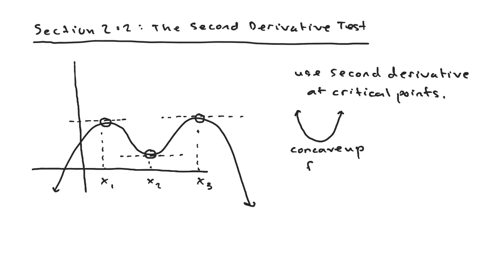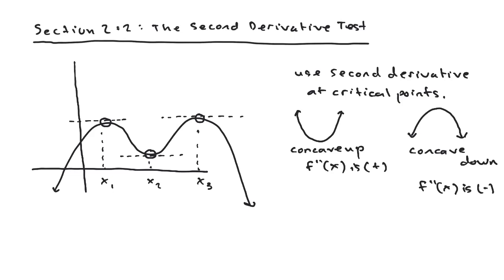In this case, the second derivative, f double prime of x, is positive. And then we might have something like this that's concave down, and here the second derivative is negative.